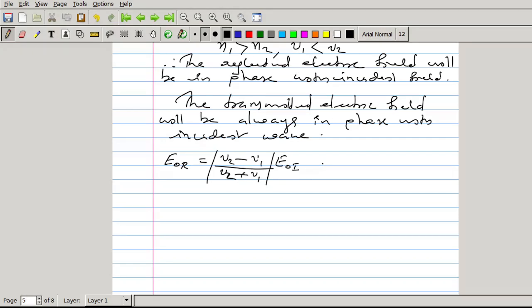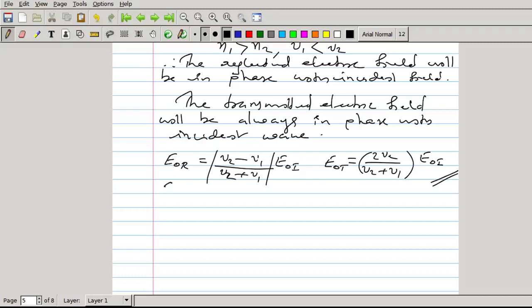The transmitted wave E0T we can write as 2V2 by (V2 plus V1) into E0I.